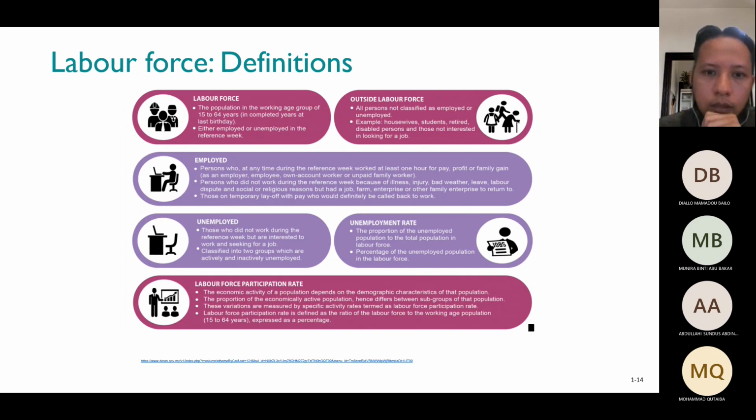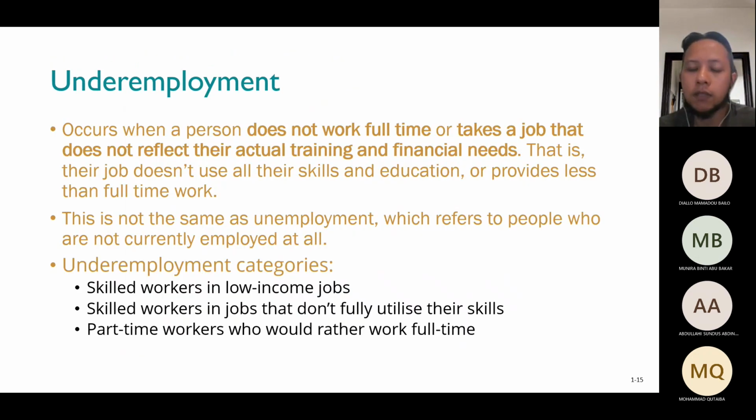So this is another aspect that I want to highlight for all of you, because although we have employment figures and unemployment figures, another figure that we have to be aware of is the data of underemployment. Underemployment is different from unemployment.